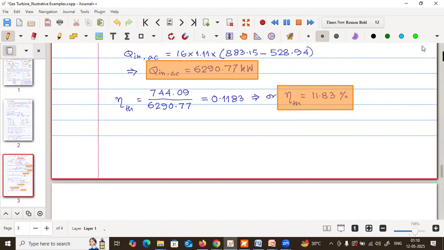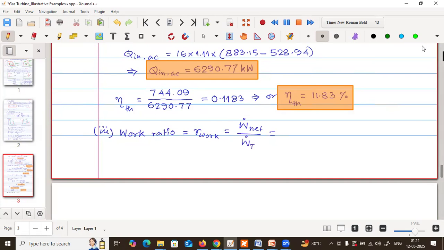Next quantity is work ratio. That we will denote with R work is equal to W dot net divided by W dot T, that is turbine.